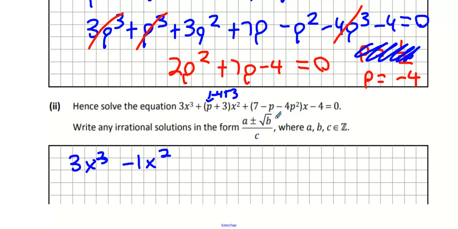What about this one here? Anybody tell me? 7 minus p. That's interesting now. Just want to figure this out here. What'd you say?